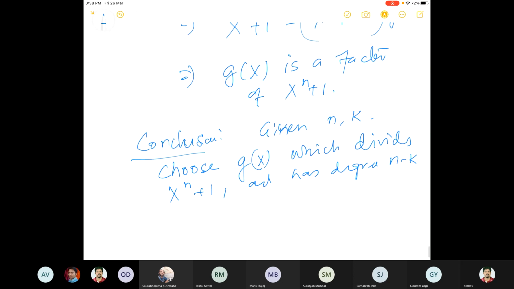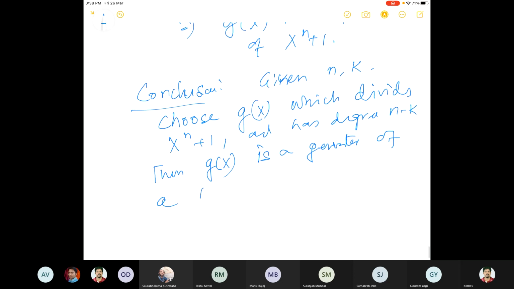Then g(x) is a generator of an (n, k) cyclic code.